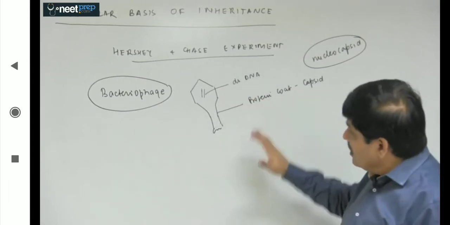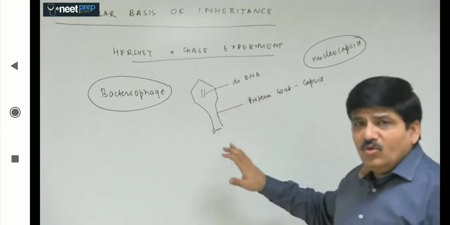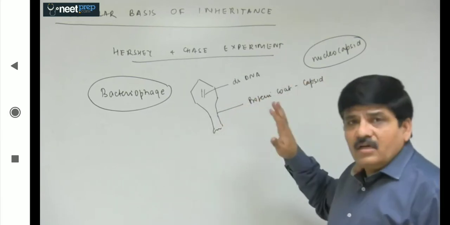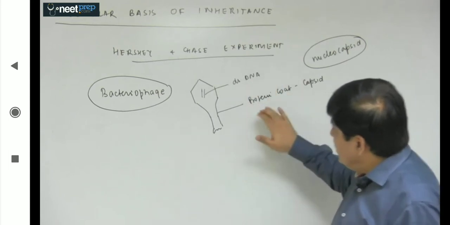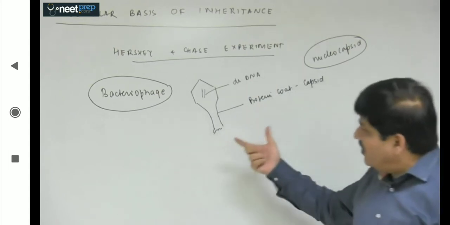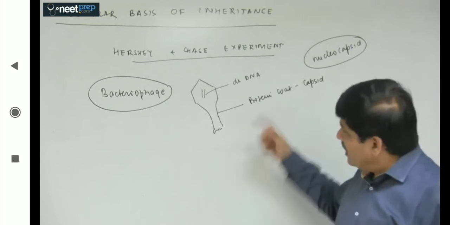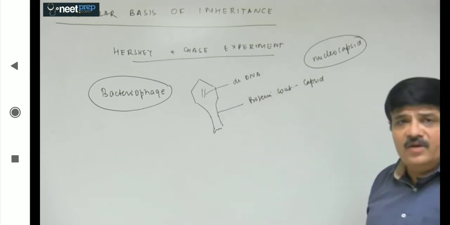This choice of the material was very critical. Again, I am telling you, because we are confused between two biomolecules, DNA and protein, we have chosen a very important particle which is made up of only these two things, double-stranded DNA and protein.